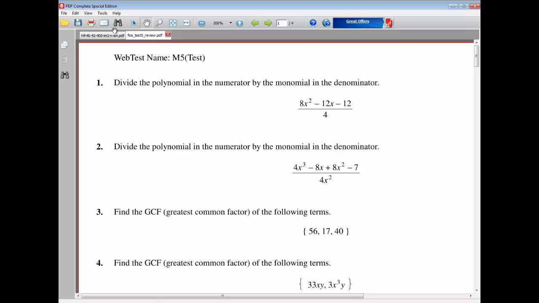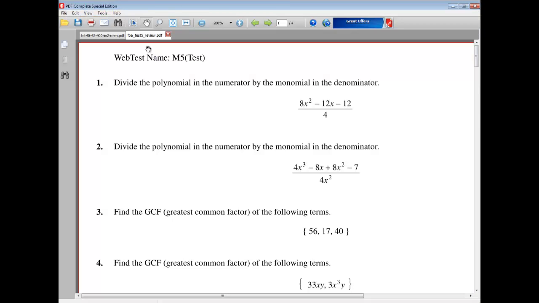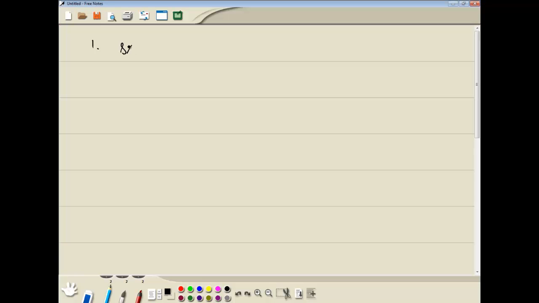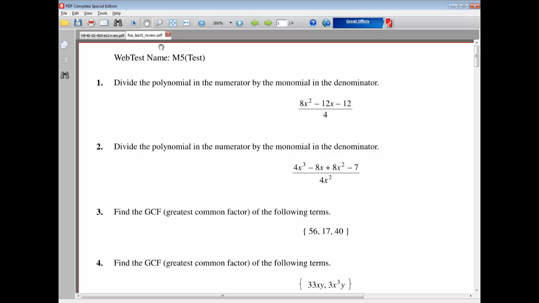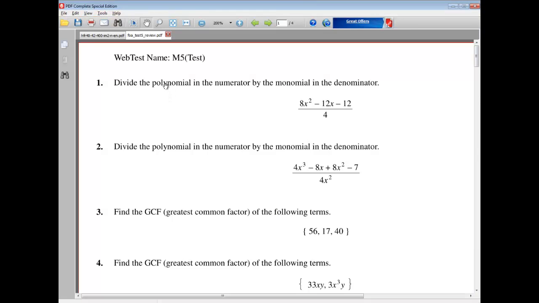Let's take a look at our first problem. We got 8x squared minus 12x minus 12 over 4. And the instructions say divide the polynomial in the numerator by the monomial in the denominator.